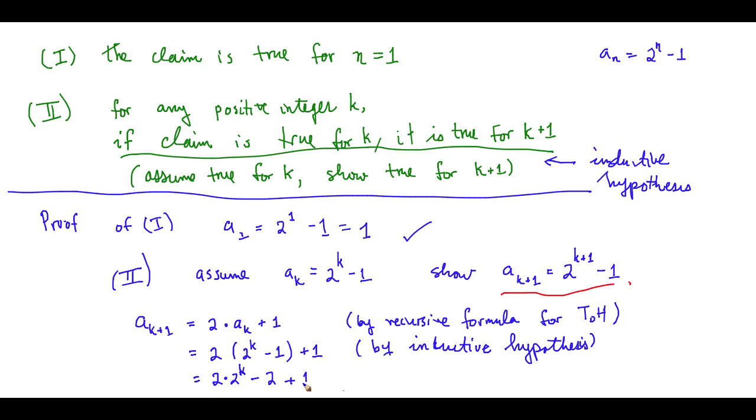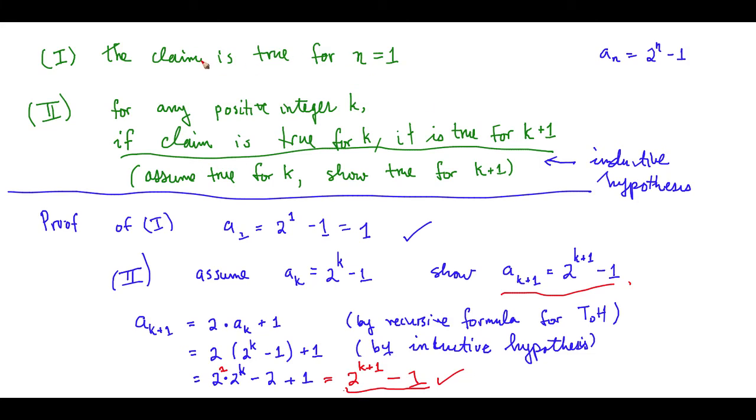Now, this 2 here is really 2 to the first, so this is really 2 to the first times 2 to the k. So this is going to give us 2 to the k plus 1. And then the negative 2 and positive 1 will just give us negative 1. And this formula matches this formula exactly, and so we are done proving the second step.